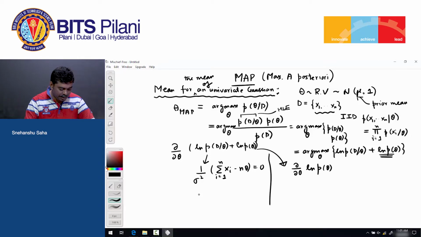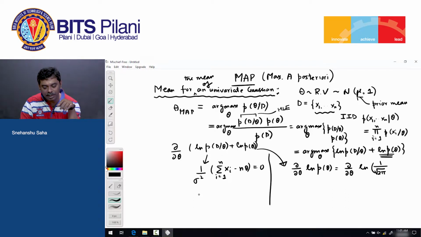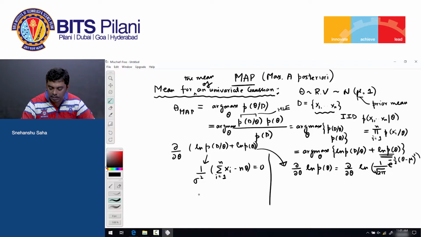Now this is equivalent to, since I know that theta is sampled from a normal density function with constant variance, and that constant variance is 1, so instead of sigma, I just plug in 1. And my likelihood function is just this.